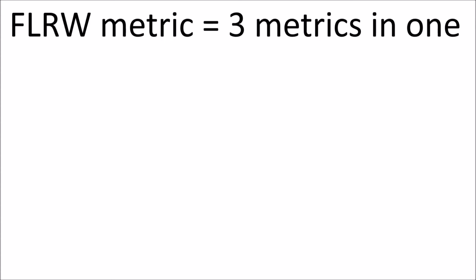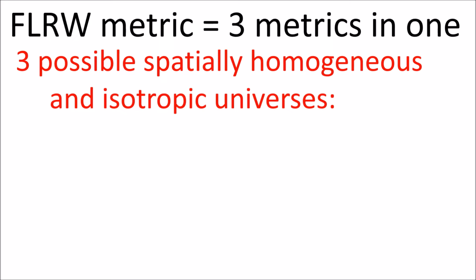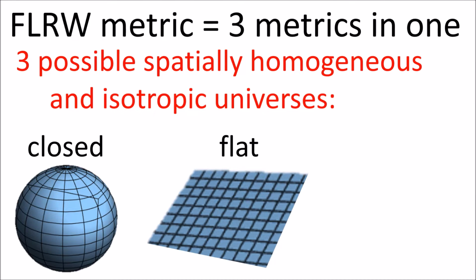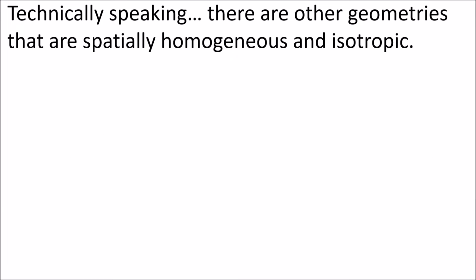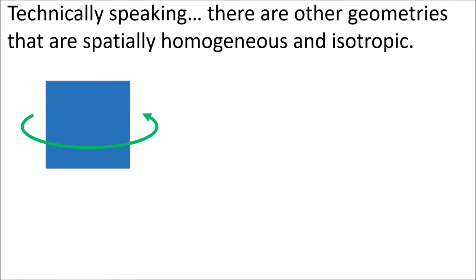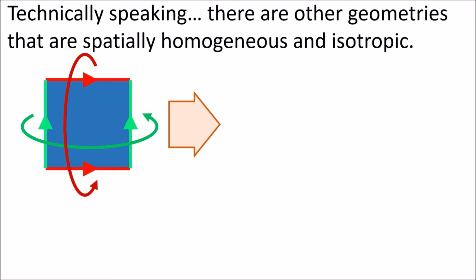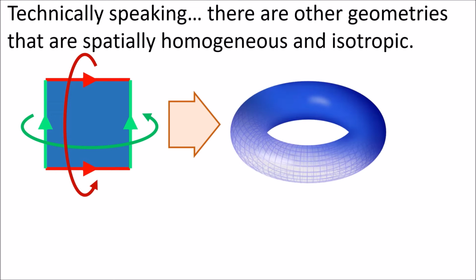I said earlier that the FLRW metric covers 3 metrics in one. These match up with the 3 possible spatially homogeneous and isotropic universes, which are the closed, flat, and open universes. Now, from a mathematical point of view, there are actually other geometries that are spatially homogeneous and isotropic, such as a flat geometry that wraps around at the edges and makes a torus shape.